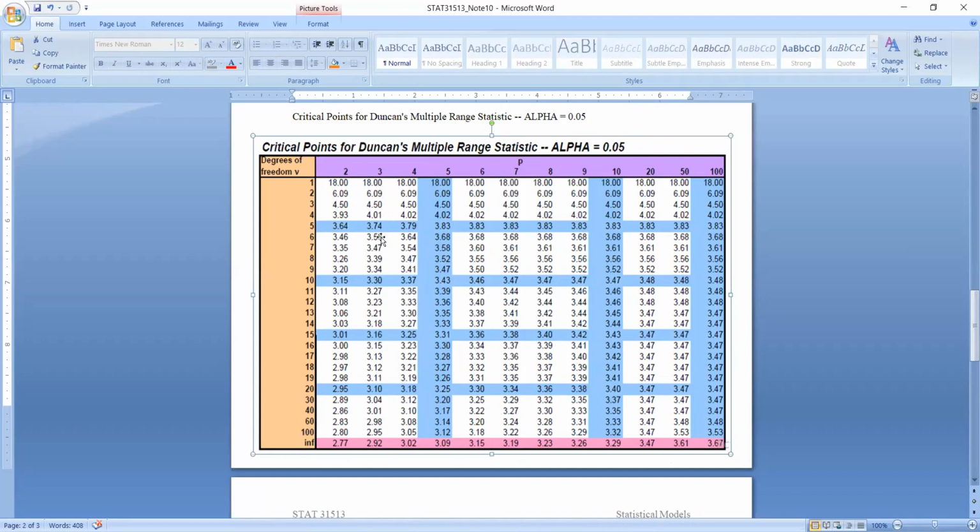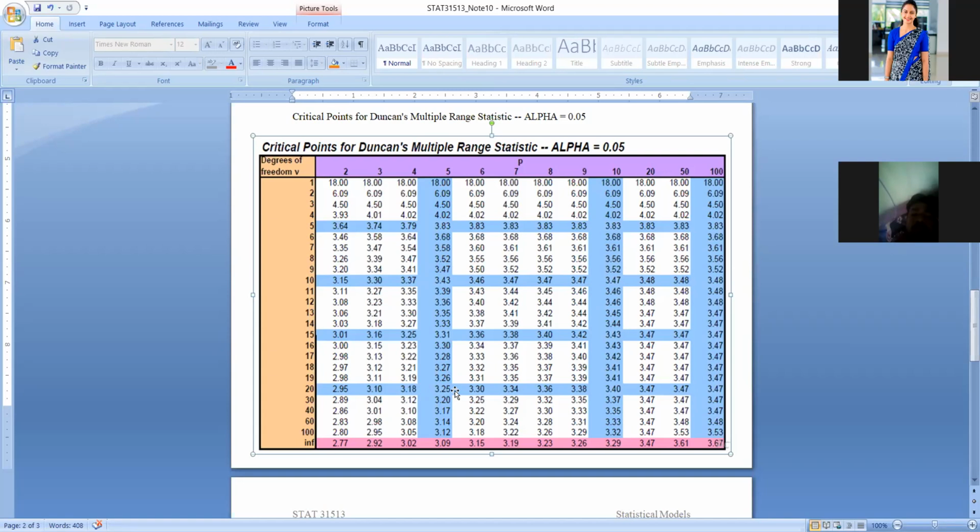When P is equal to 3, that is 3.1. When P is equal to 4, 3.18. When P is equal to 5, 3.25. So when the degrees of freedom is equal to 20, we can find the values from our Duncan's table.